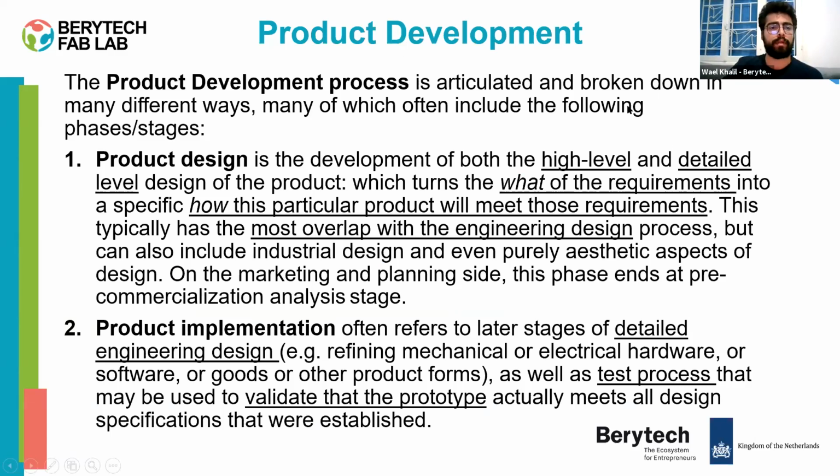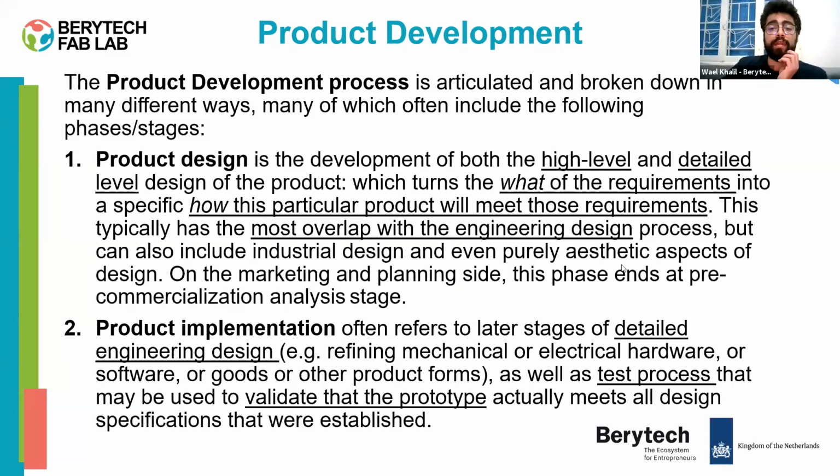In the product design, it's where we develop the high level and the detailed level design. So we develop everything related to the requirements, how the product will meet those requirements, the engineering design, the technical designs, the components needed in this design, everything related to the tedious details of developing a new product.